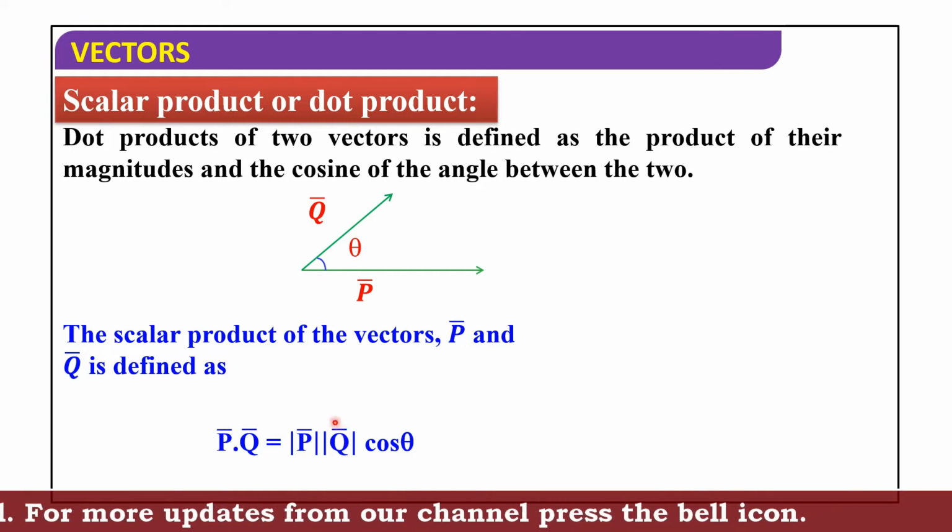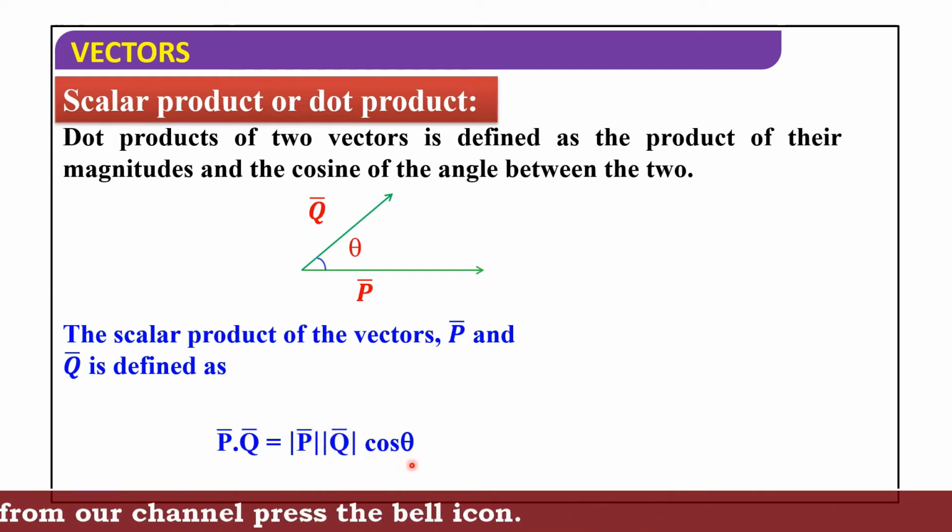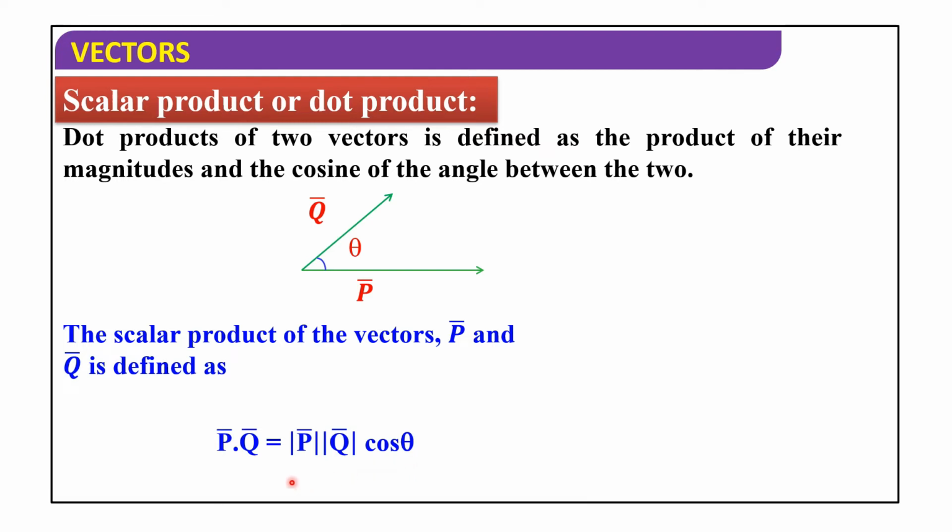It is the product of their magnitudes and the cosine of the angle between the two vectors.